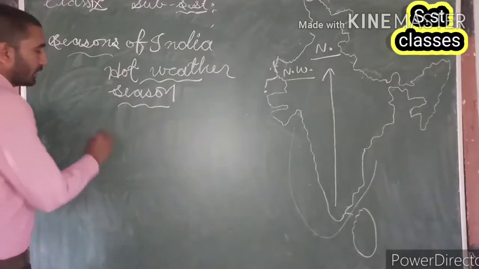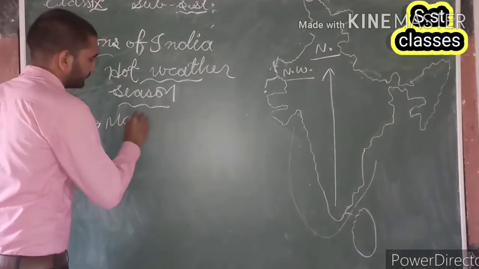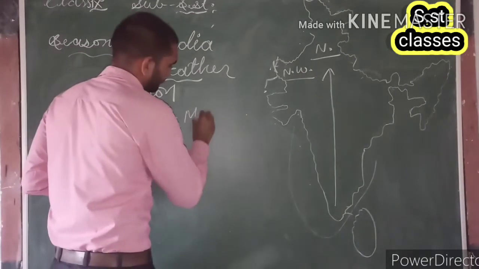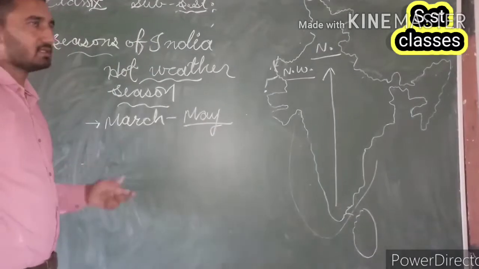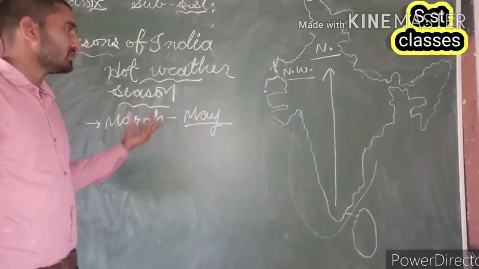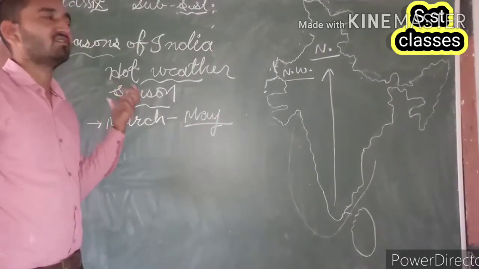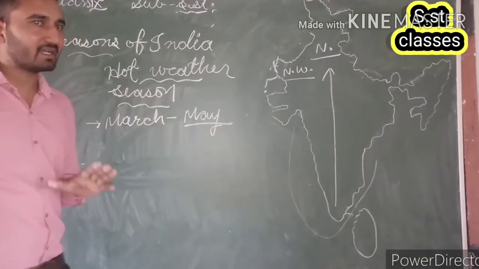Generally in India, hot weather season starts from March and ends in May. Meaning, from March to May in India we find hot weather season or summer season. Is that clear, guys?